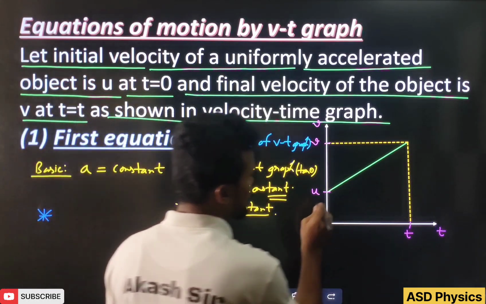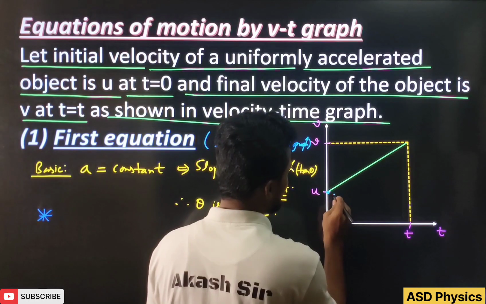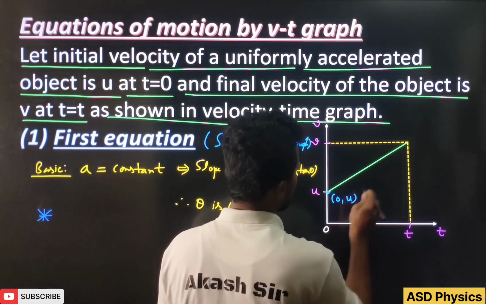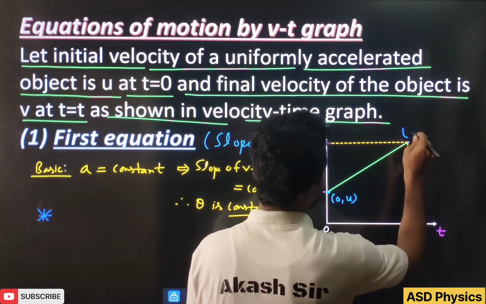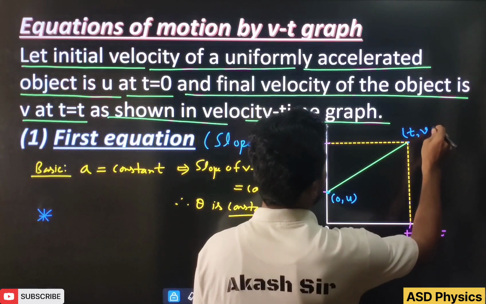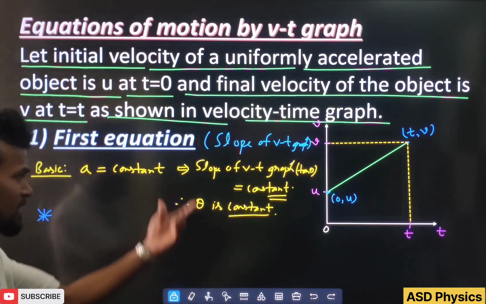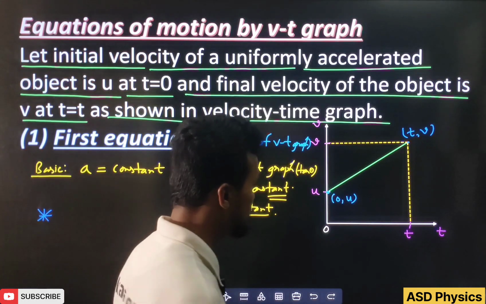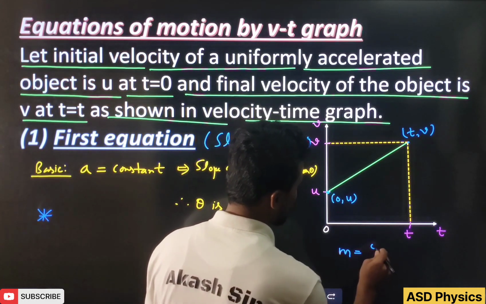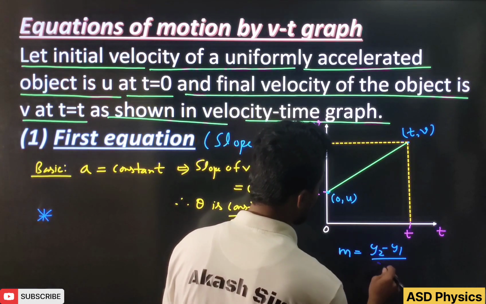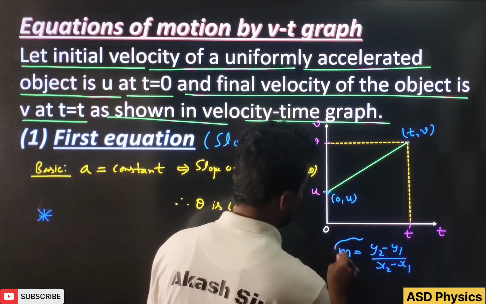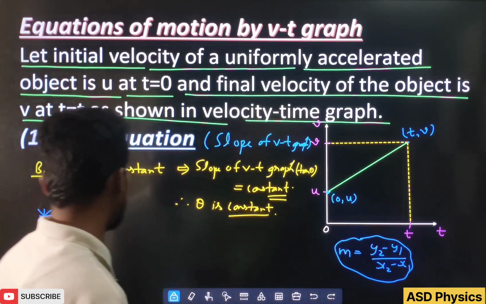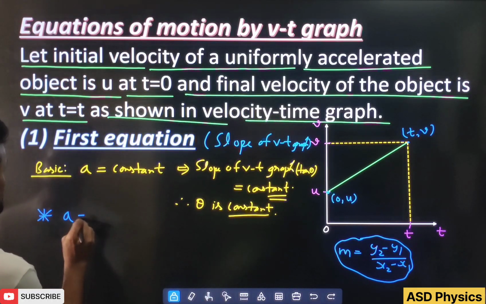Okay. So if I write the coordinates, here they are 0, comma u, and here t, comma v. For straight line motion, what is the slope? The slope is given by m equal to y2 minus y1 by x2 minus x1. You have learnt this in maths. So we are going to use this here.